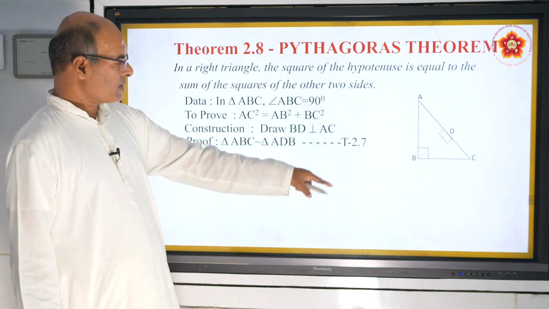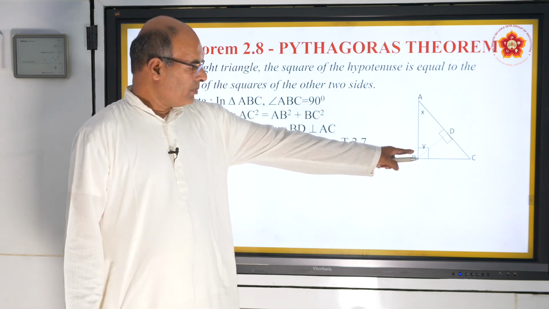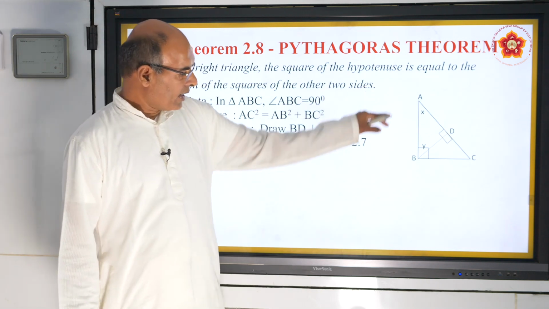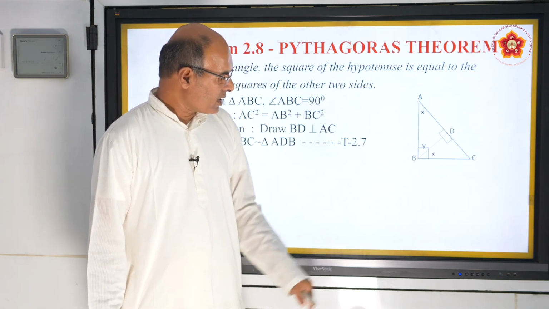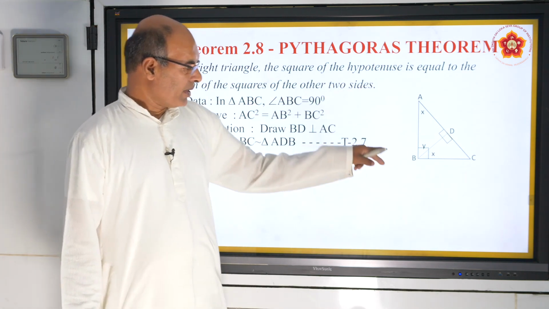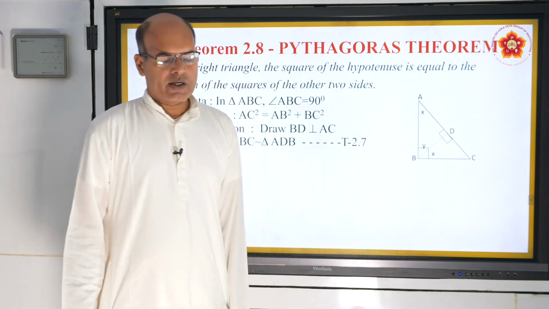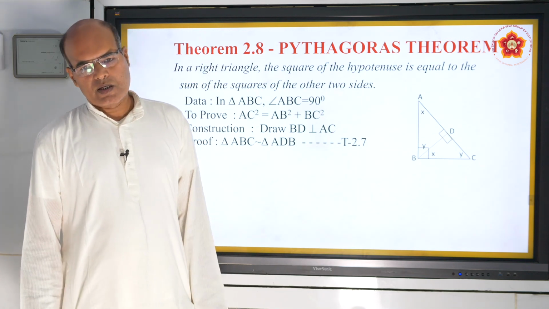I explained that if I take angle A as x and angle B as y, x plus y is 90 degrees. Here angle ABC is 90 degrees, therefore if it is y, then angle DBC must be x, because x plus y is equal to 90 degrees. In the big triangle, angle B is 90 degrees, therefore angle A plus angle C is equal to 90 degrees. That means if A is x, then C is y.